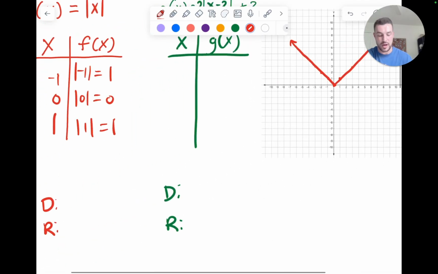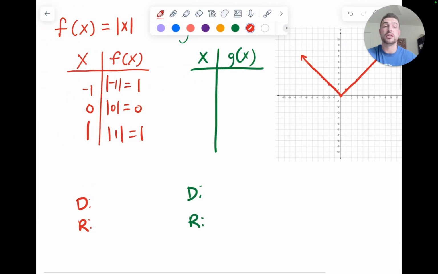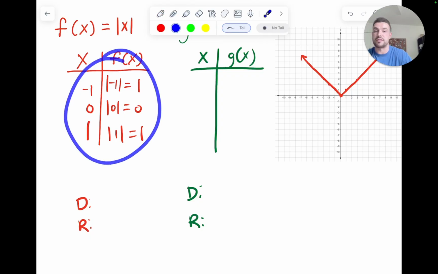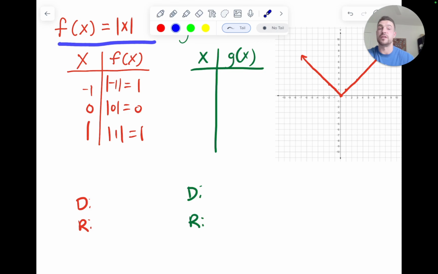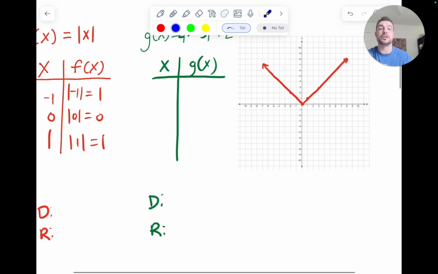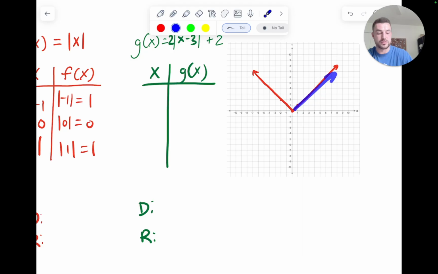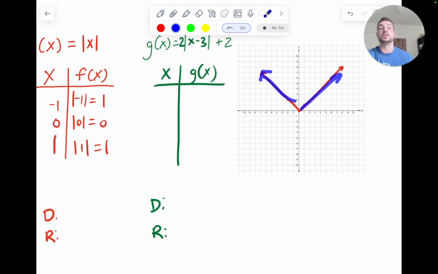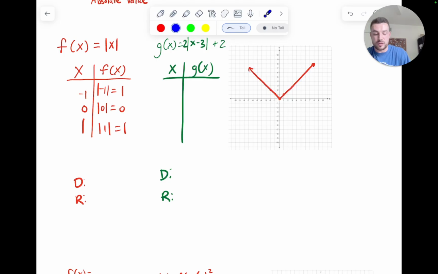So looking at that graph, we could fill out our domain and range. Now, our domain and range is going to be different than our previous activities because we're not just going off of the graph now. We are going off of this function, which means there are values in it, as we can tell by our arrows, that aren't actually included in the table. So we need to use our brains a little bit here and put together some information. If we think about our domain as how far to the left and the right we're going to go, well, if we look at my left side, we're going up, but we are also moving to the left.